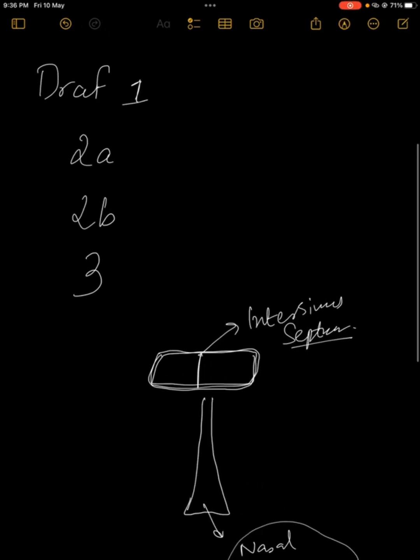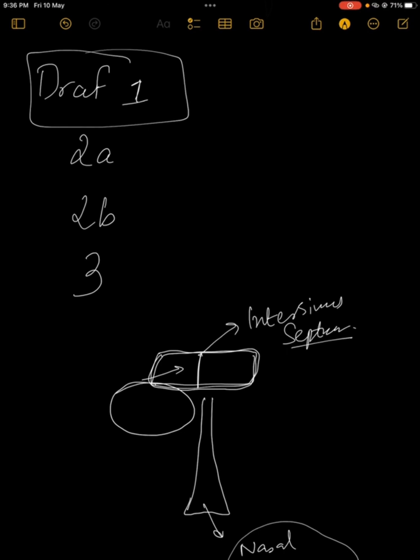So in DRAF 1 procedure, let us say that we have not yet reached the frontal sinus. We have only cleared the sinus which lies before that. Which sinus do we access before entering the frontal sinus when doing FIS?